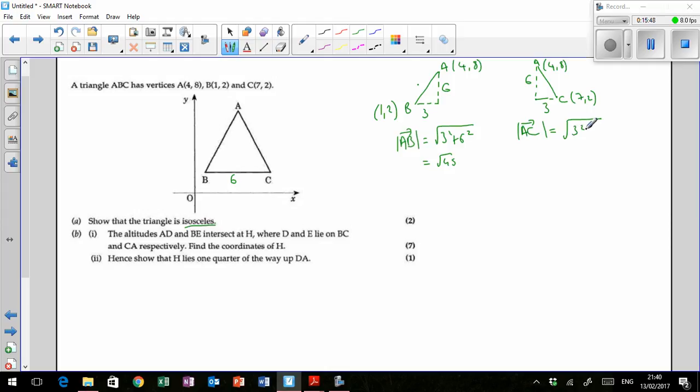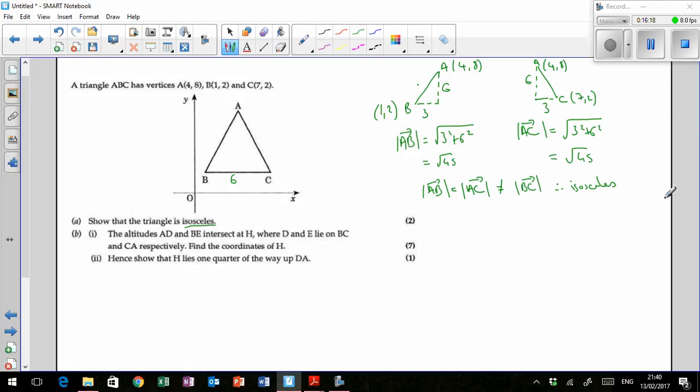The magnitude of AC is 3 squared plus 6 squared, which again is root 45. So the magnitude of AB equals the magnitude of AC, which does not equal the magnitude of BC, therefore isosceles. Now that is a very, very thorough explanation for 2 marks, but I just want to make sure I'm being clear about that so you can follow it.